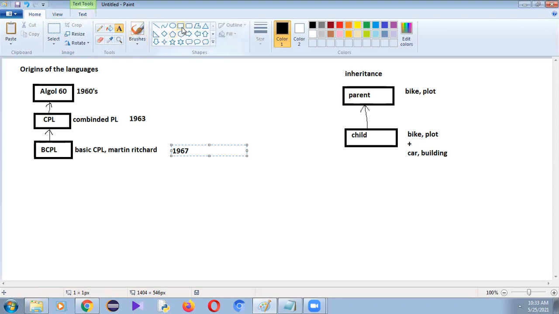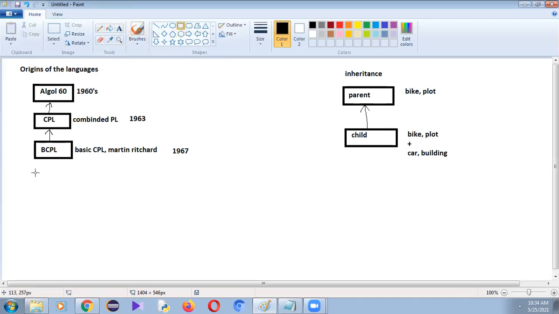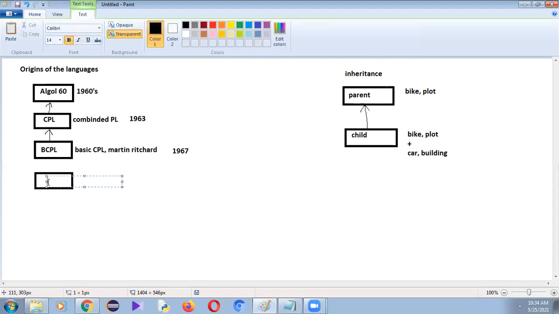Next, another programming language is B. This is the B programming language.